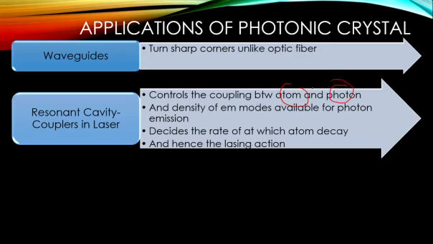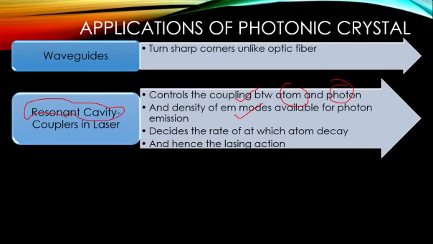That means the size of the cavity will decide what energy mode is possible. So the density of electromagnetic modes within the cavity, as well as how much the coupling is between the atom and photon, can be controlled by controlling the defect state.